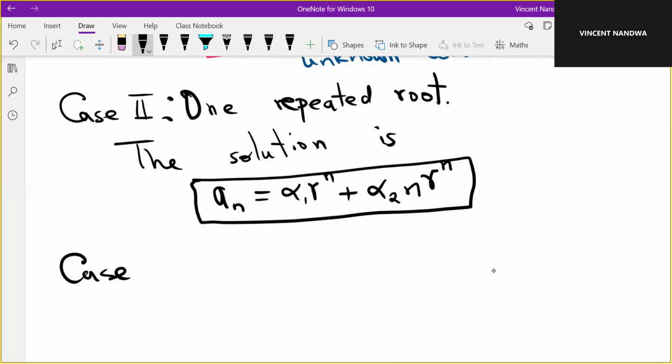Then case 3, apart from having two distinct real roots and then having one repeated root, what is another possibility? What is the other possibility?